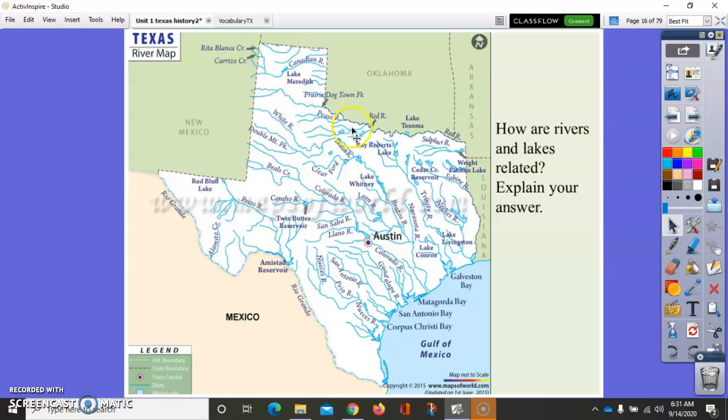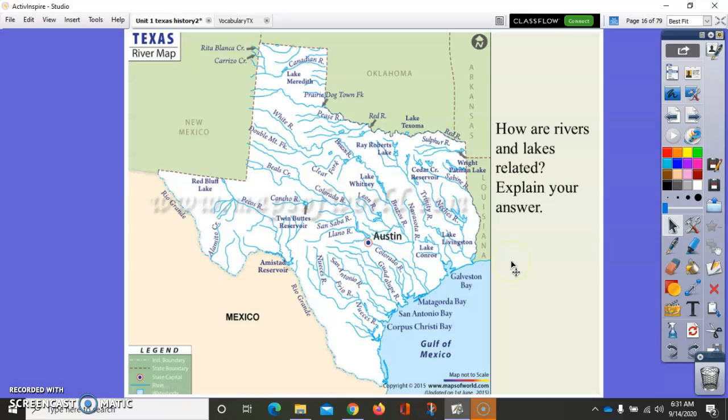And then here we have rivers and lakes. And what do you notice about the lakes when it comes to the rivers? How are they related? Okay, so in Texas, there's only one natural lake.